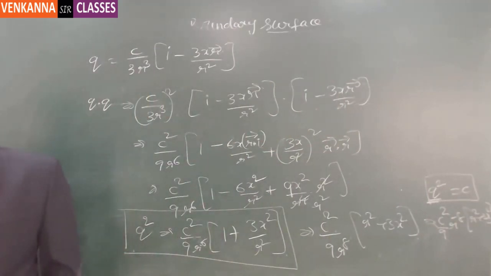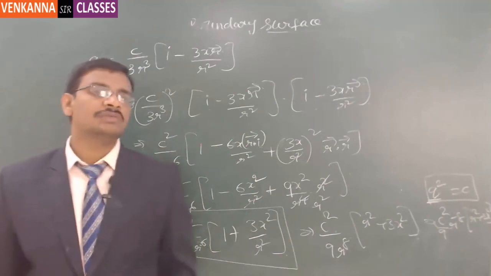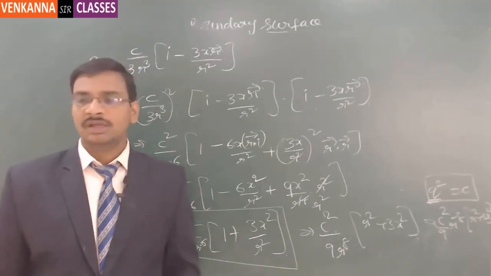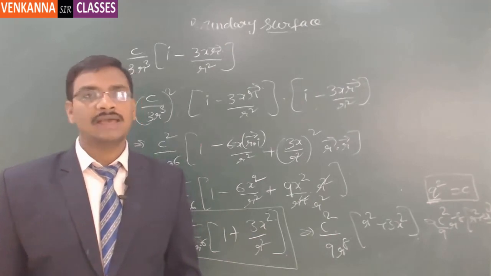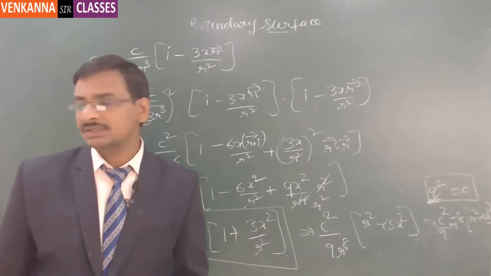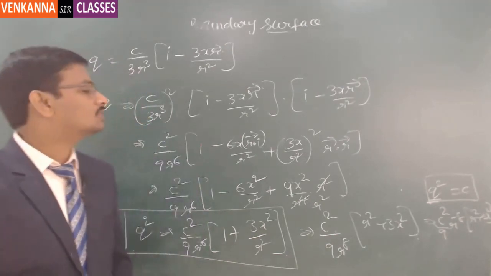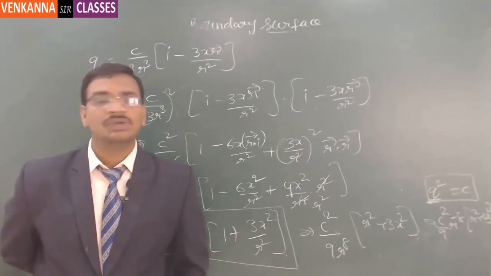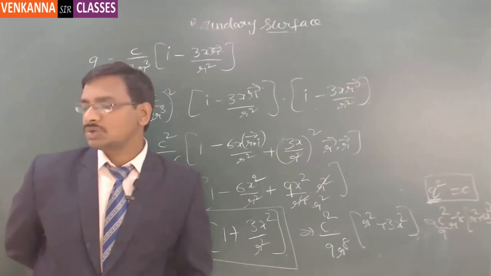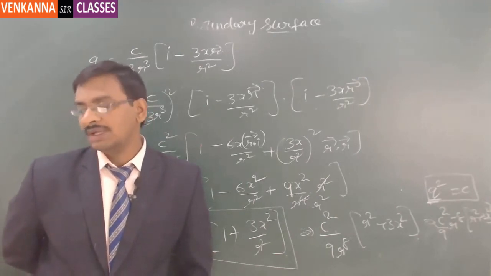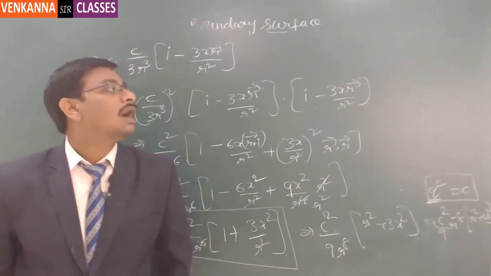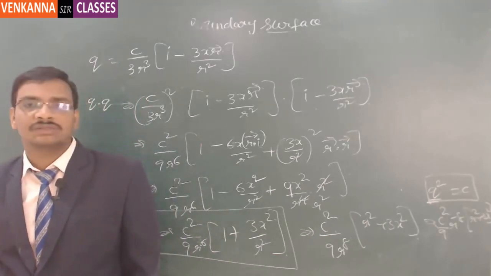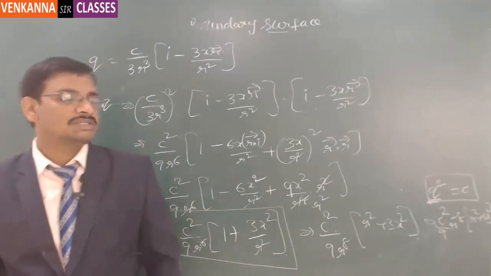Why q dot q? You wanted to identify the magnitude of the velocity. So q is a vector, but the magnitude of the velocity has to be constant for constant speed lines. To identify this, this is a shorter way. You can even find the magnitude of the velocity vector q, but that is a little bit complicated because r and x are both involved here. r is nothing but xi plus yj plus zk.